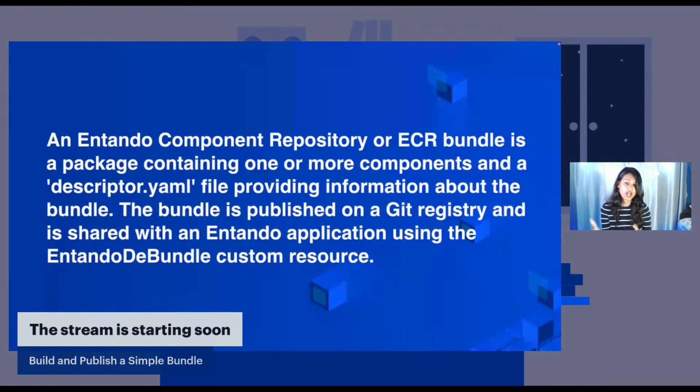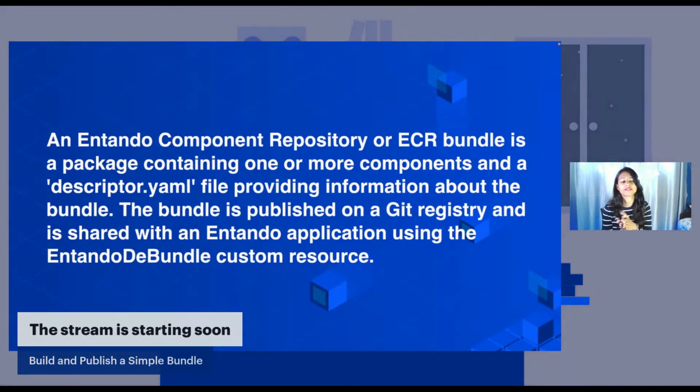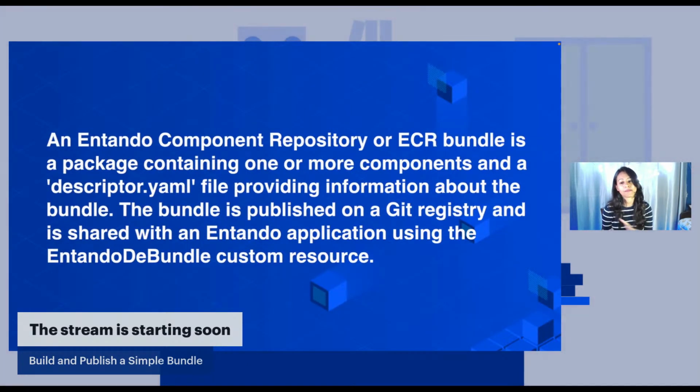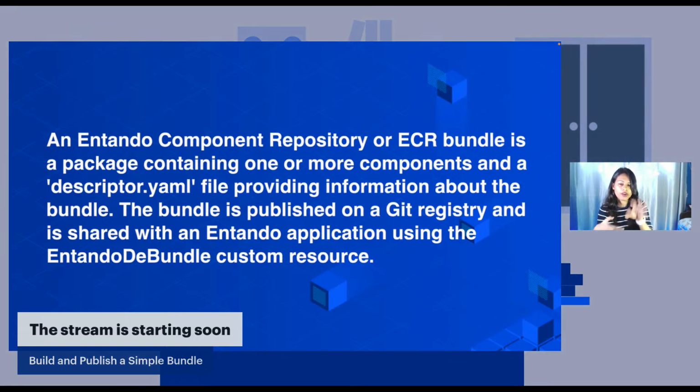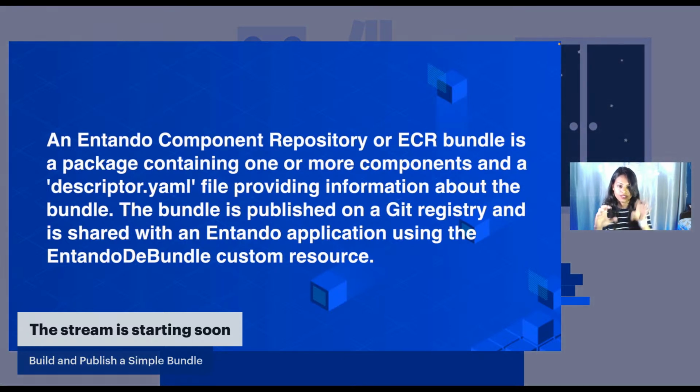So an Entando Component Repository, or ECR Bundle, is a package containing one or more components and a descriptor.yaml file providing information about the bundle. So you see here, this descriptor.yaml file is very important because inside of this, whatever we would be writing would be the information that our bundle would use to recognize our code, about where exactly our code resides.